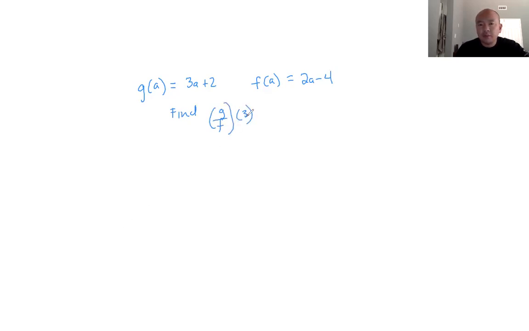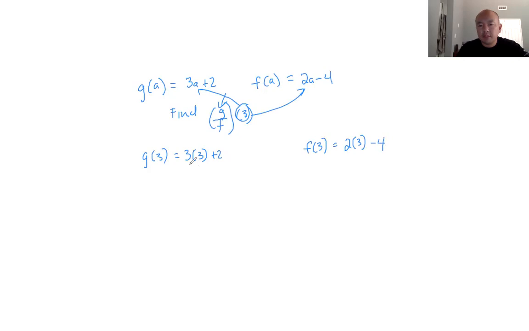All right, so remember what I said before: this tells you what you're going to do at the end, the operation that you're going to do with the two functions. This number tells you what you're going to plug in for the variables. So it would be G of 3 is equal to 3 times 3 plus 2. And this would be F of 3 is equal to 2 times 3 minus 4.